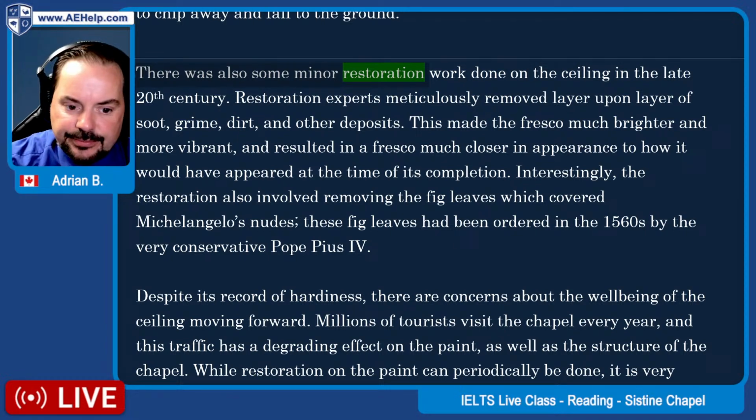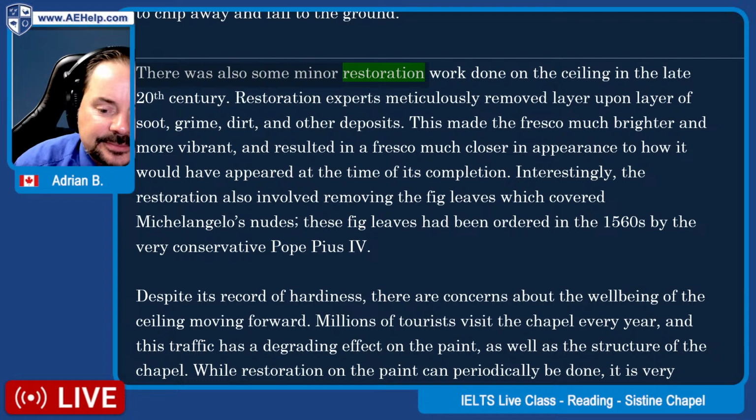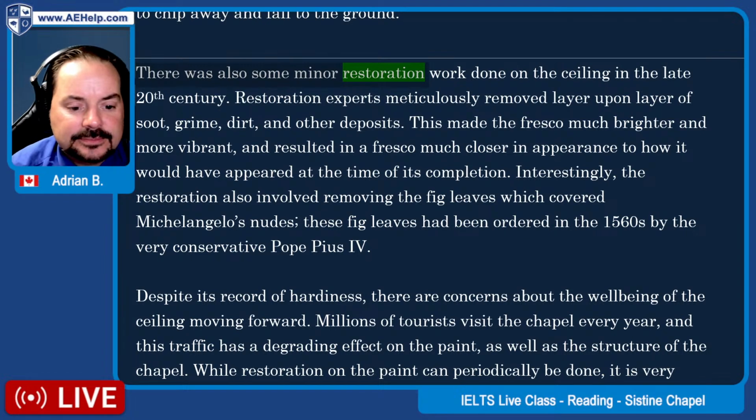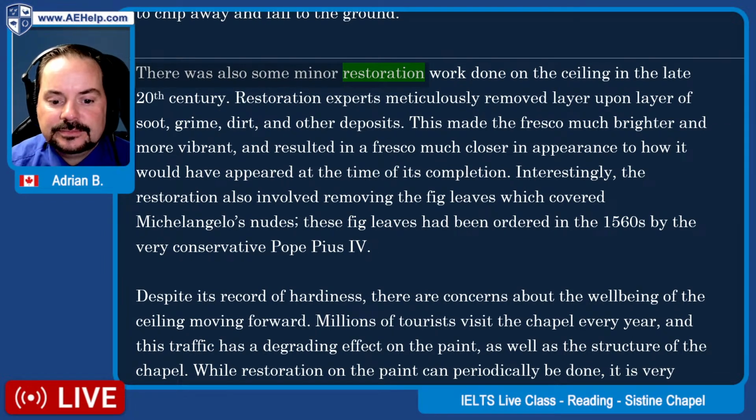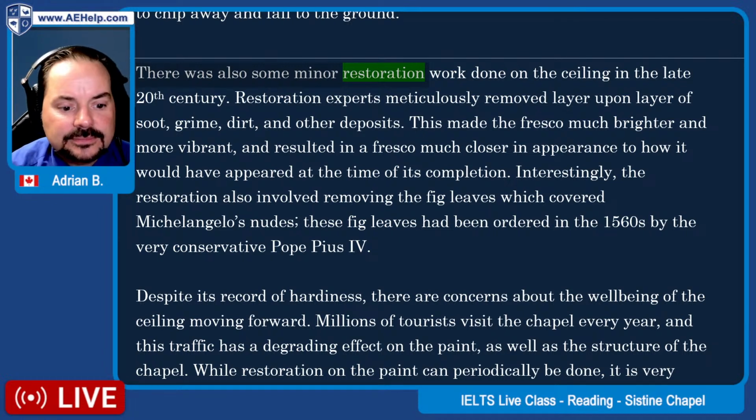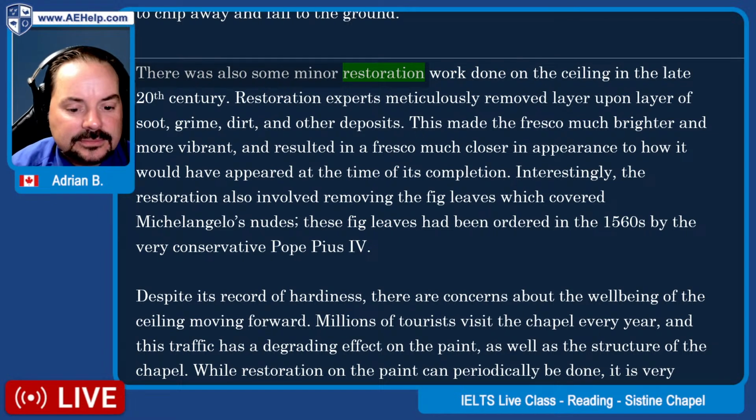Interestingly, the restoration also involved removing the fig leaves which covered Michelangelo's nudes. These fig leaves had been ordered in the 1560s by the very conservative Pope Pius IV.